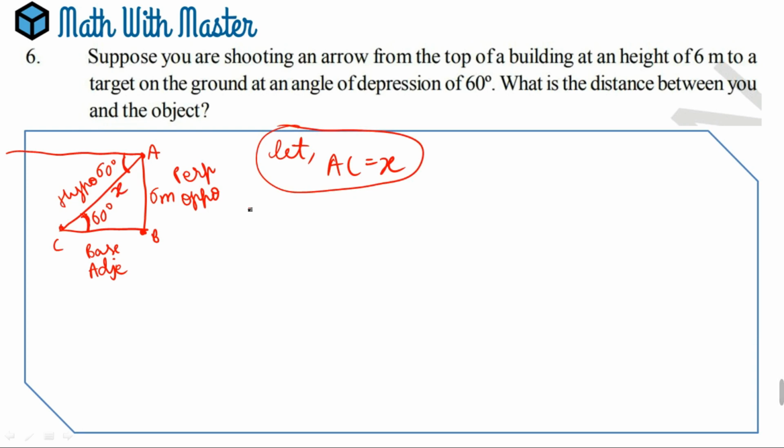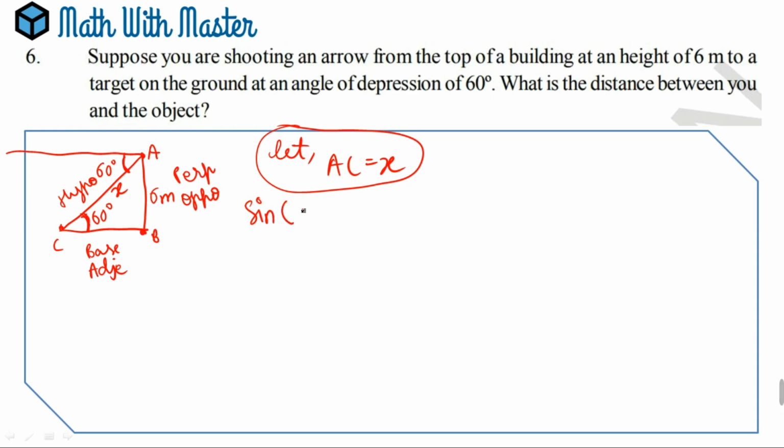So 6 meters is perpendicular and x is hypotenuse. What is perpendicular upon hypotenuse? Sine theta. What is hypotenuse upon perpendicular? Cosec theta. We can go with both ratios, but as sine theta is used commonly, we will use sine theta over here.